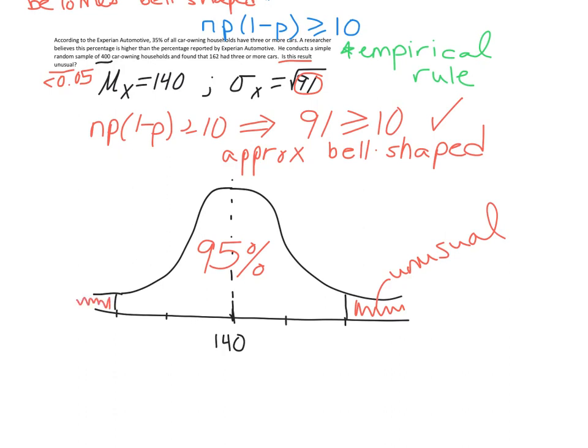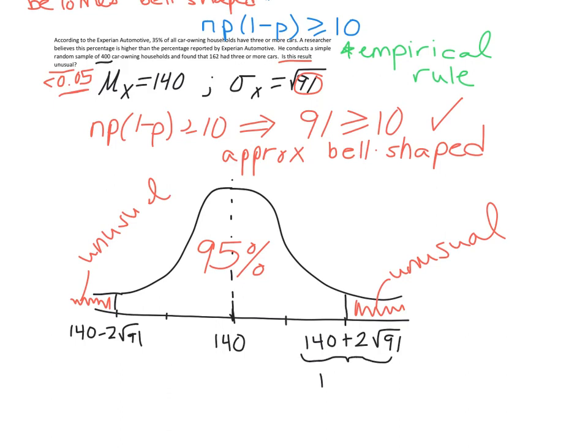And we'll write unusual. Because it's outside the middle 95%. It's in that less than 5%, which makes it unusual. Okay, so that's, again, 2 standard deviations out. Standard deviation is the square root of 91. Okay, and then if you put this in your calculator, this ends up being about 159.